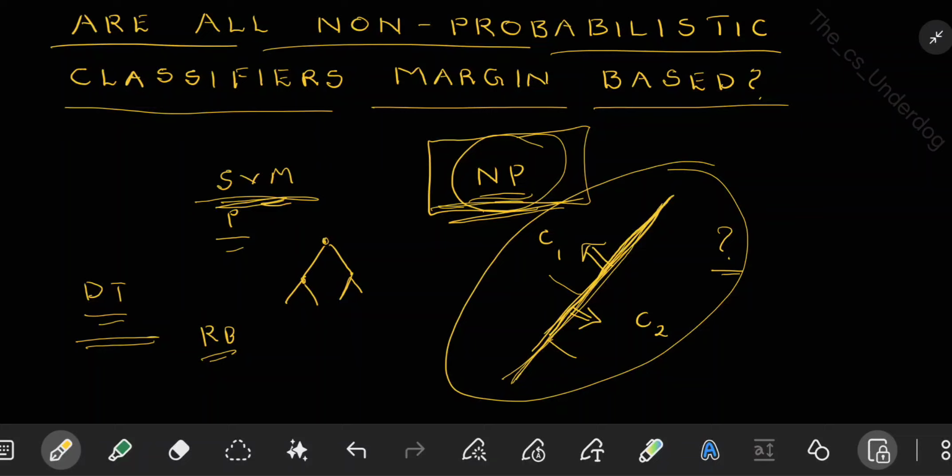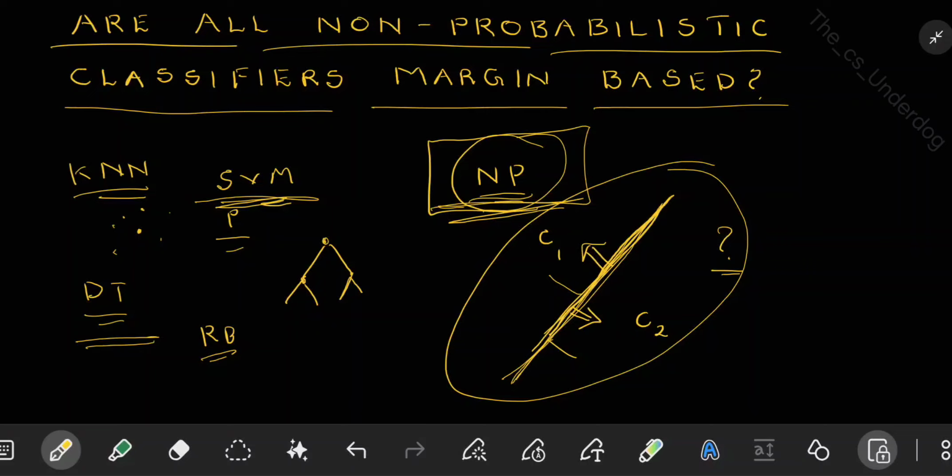Then another example we can think about could be a KNN classifier, K nearest neighbor. In this case, what did we do? In the case of KNN classifier, we found the nearest neighbors. Let us say this is the point which you want to classify; you will look at K nearest neighbors. Then among those K nearest neighbors, you will find out what class they belong to, and accordingly decide what class your main input point belongs to.